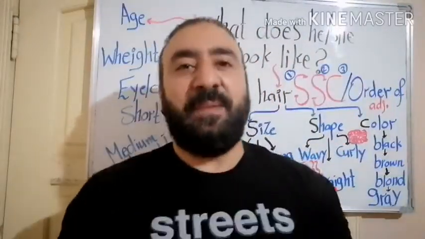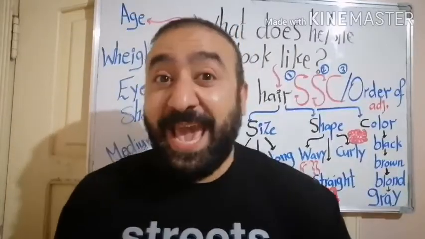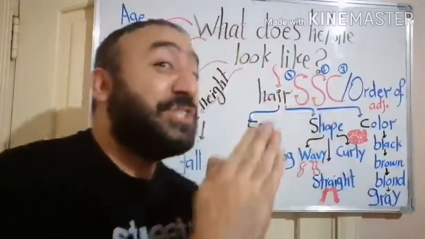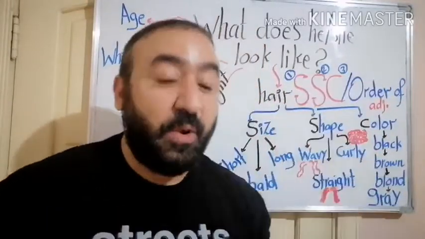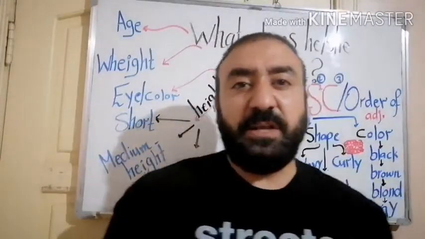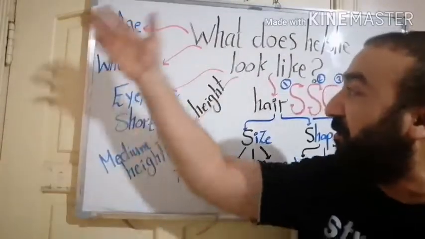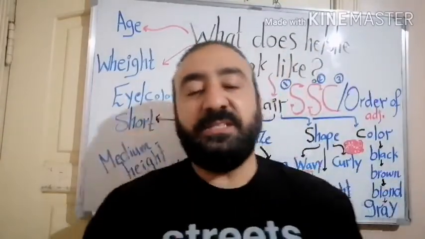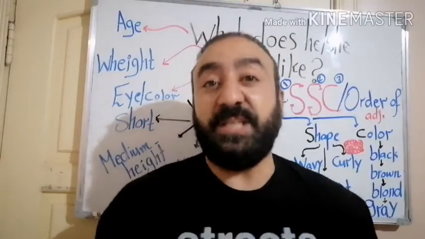He is medium height. He's not that short, not that tall. And finally, he has short, straight, gray hair. As you see, dear friends, I've just described to you what my father looks like using all the information we have studied together. His age, his height, his weight, the color of his eyes, and finally his hair.